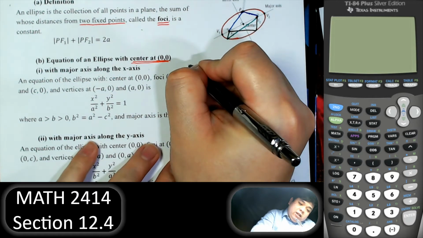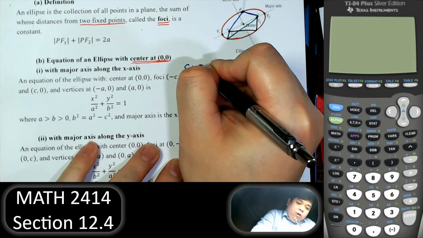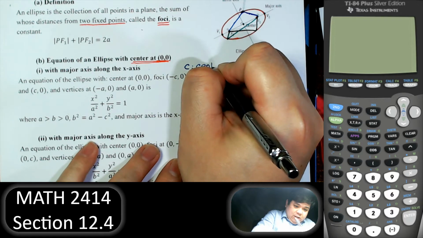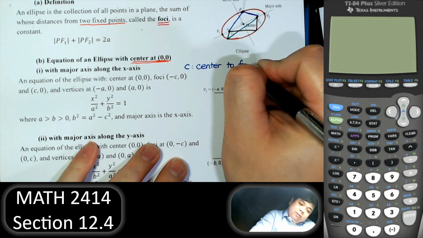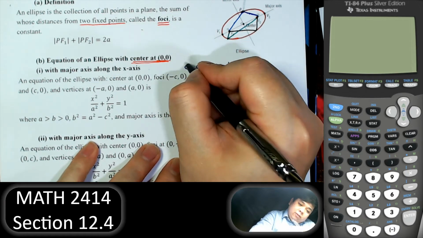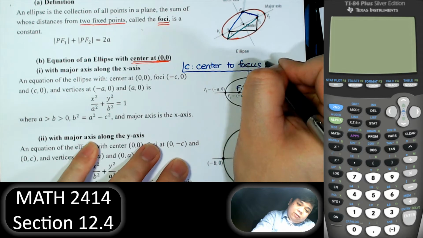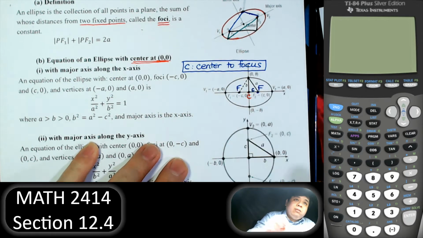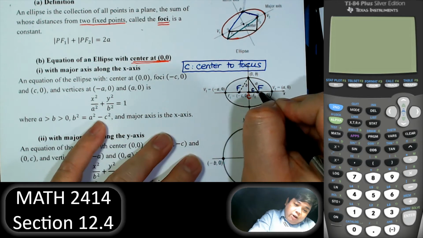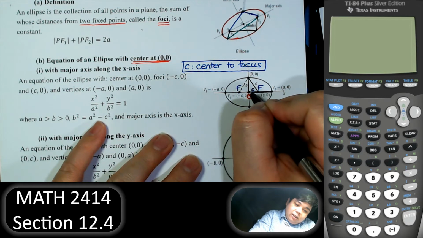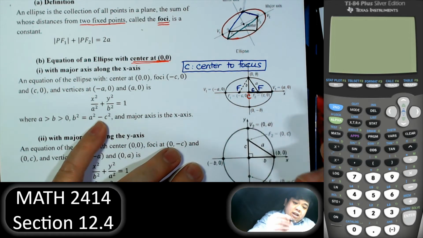So we define c from the center to a focus. And from the center to a vertex, we call that distance a.